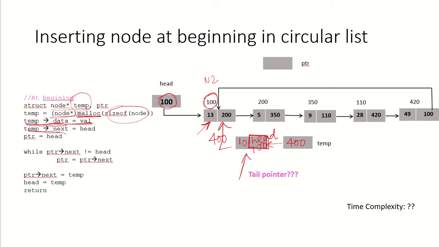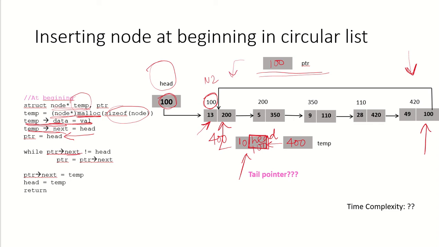Now what all changes are required? First of all, we need to update this and we need to update the head pointer. To update the last node over here, we will have to traverse the linked list, and this we can do by using another node pointer, PTR. You can check my earlier videos for traversal of linked lists. We will initialize this to the current head value, which is 100, so that it starts pointing over here.